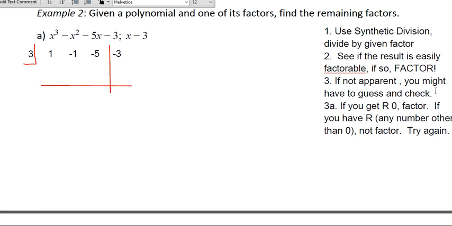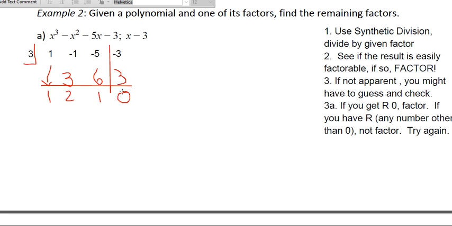For this one, I believe it works out. Do your synthetic division. Bring down my 1. 3 times 1 is 3. 3 plus -1 is 2. 3 times 2 is 6. 6 and -5 leave 1. 3 times 1 is 3.